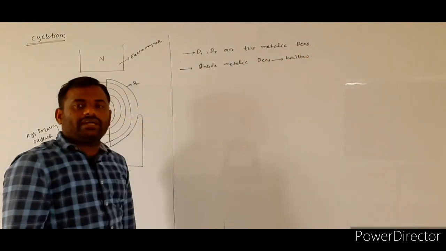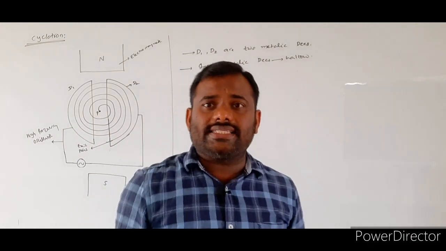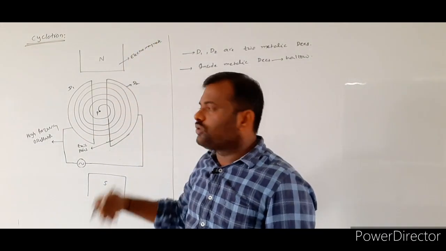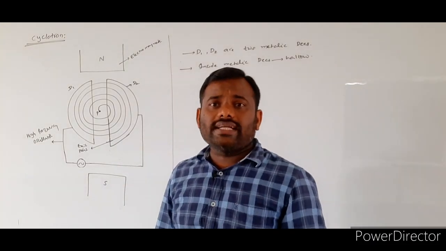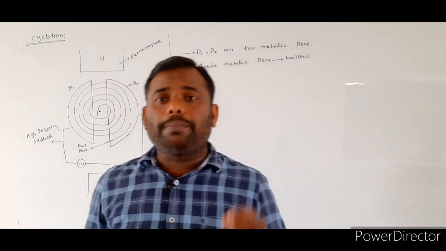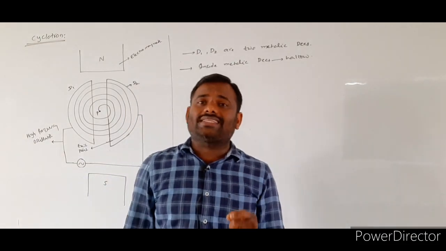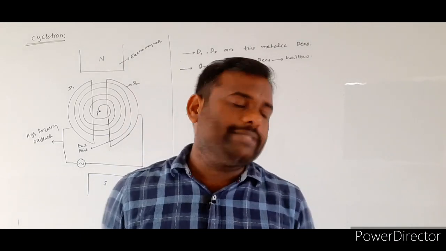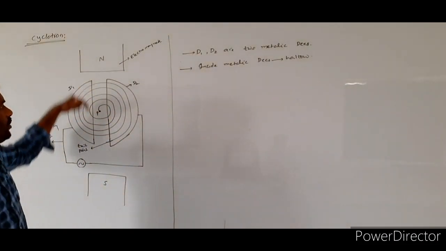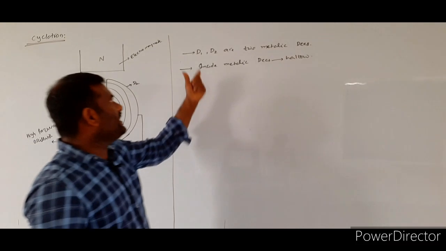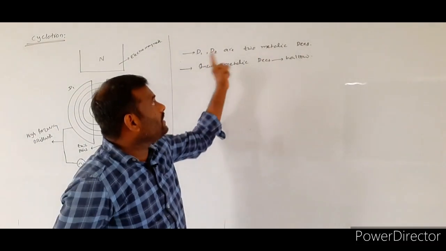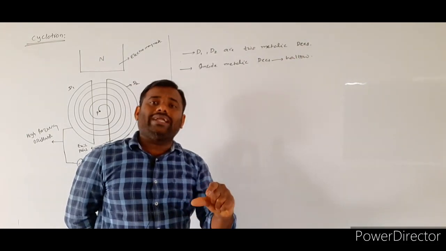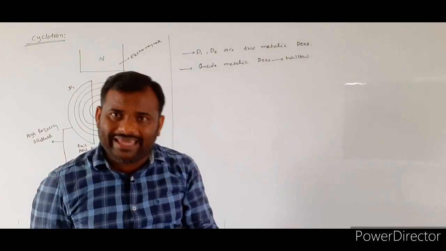So in the construction of the cyclotron, first we consider electromagnets. One has the north pole and the other one has the south pole. The purpose of the north and the south pole is to apply a very strong external magnetic field. In between the north pole and the south pole, we put two devices called discs. D1, D2 are two metallic discs. Inside the two metallic discs, hollow space will be there.